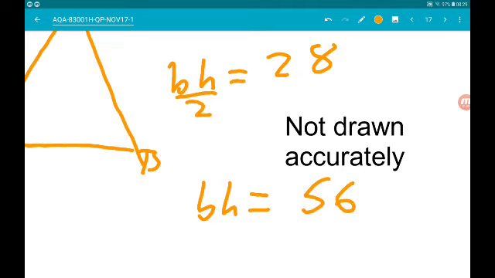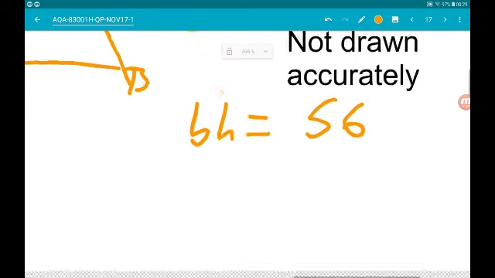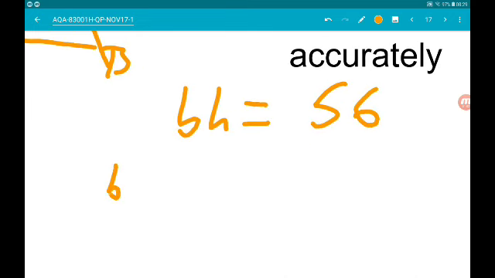So then all we need to do is pick values for the length of our base and our height so that they multiply together to 56. So for example, B could equal 8, H could equal 7.